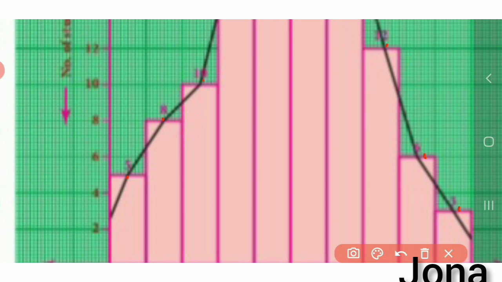And then I want to join all the dots. You can draw using the scale.